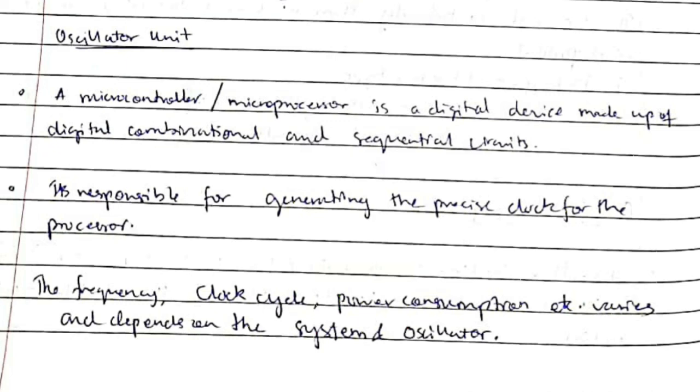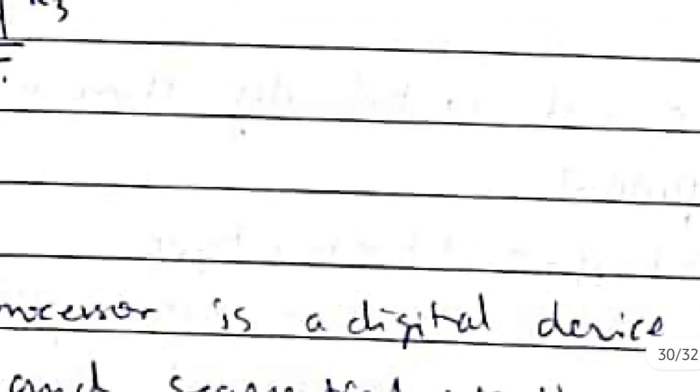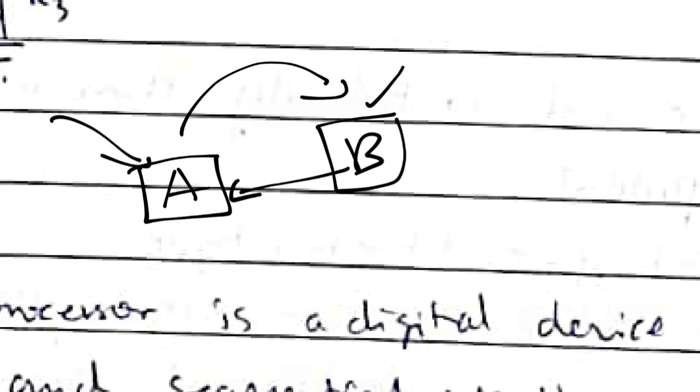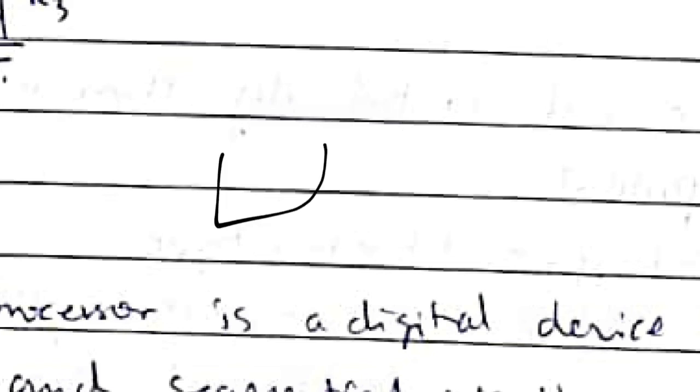Digital combinational means the output will depend on the previous outputs also. If there is a register here and a second register here, and the second output depends on the output of the previous value also, this is called a combinational circuit. A sequential circuit means it depends only on the present input values.